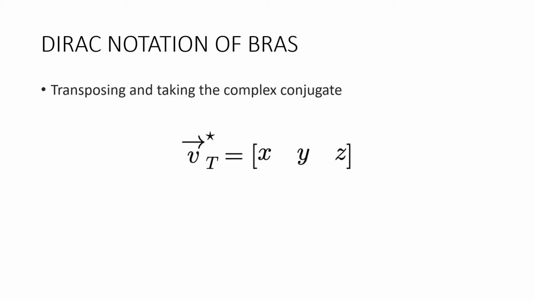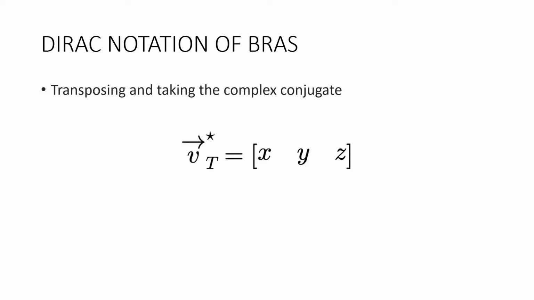We'll discuss Dirac notation of bras. To get the bra from the ket, you need to do two operations. One is you need to transpose the vector, and after that you need to take the complex conjugate. Let's say z is equal to x plus jy is a complex number, where j is equal to root of -1. You are familiar with that.